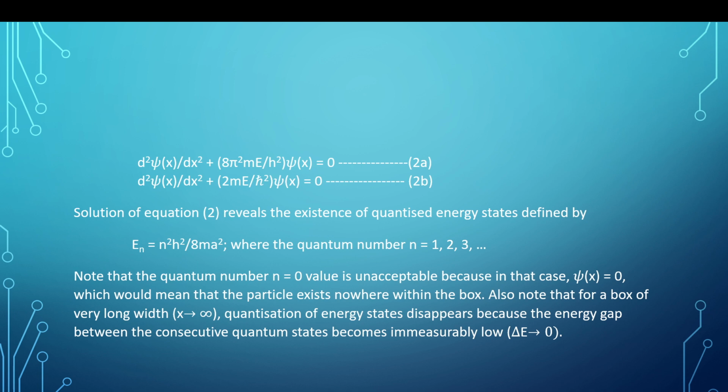Therefore, n equal to 0 value is omitted. Also note that for a box of very long width, a approaching infinity, quantization of energy state disappears because gap between consecutive states is almost 0.